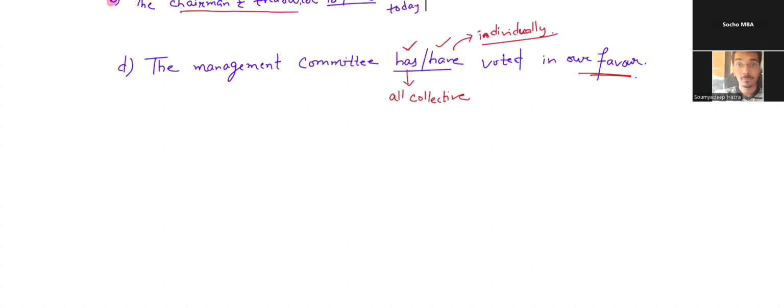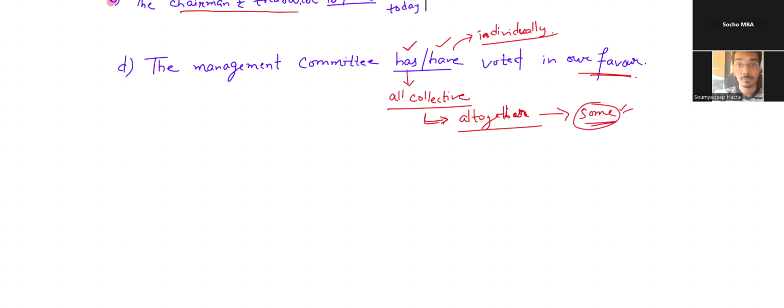In all collective, right, the committee altogether, I might have mentioned it pretty opposite, right? Okay, altogether the committee has given the verdict, right? In this, there might be some people who, according to the rule, might not have gone, right?